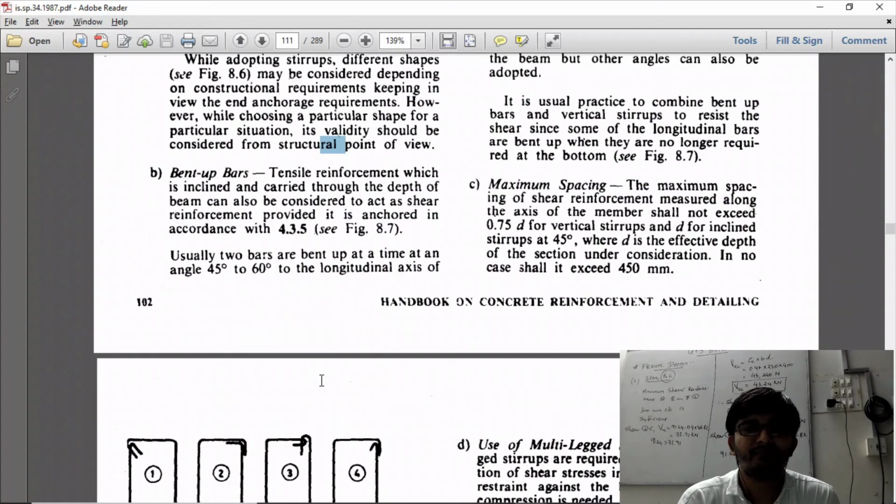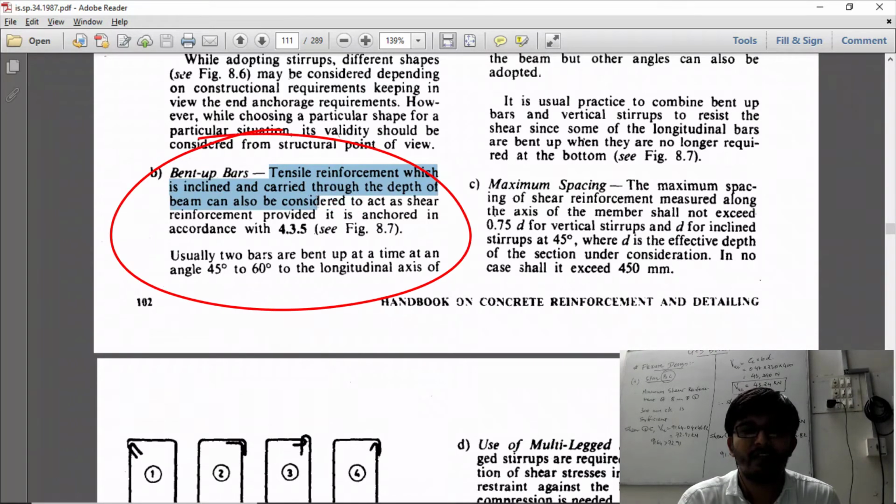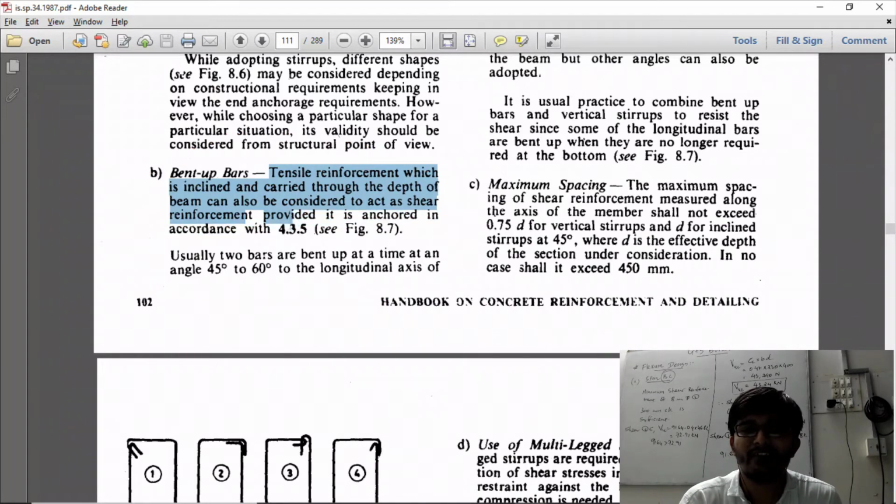Then there is a bent up bar. Tension reinforcement which is inclined and carried through the depth of the beam can also be considered to act as shear reinforcement, provided it is anchored in accordance with 4.3.5, figure number 8.7. A bent up bar can also be considered as stirrups if it is in accordance with 4.3.5.